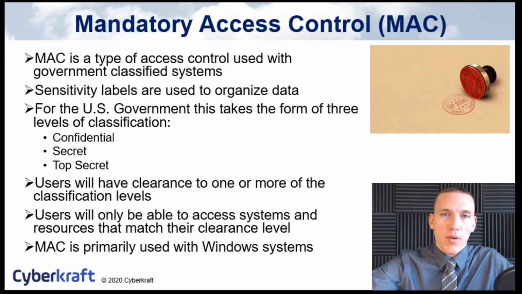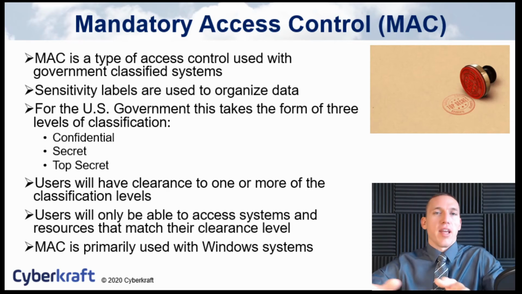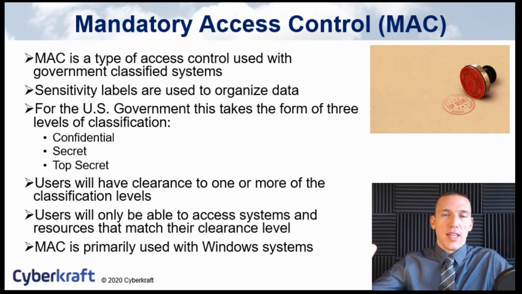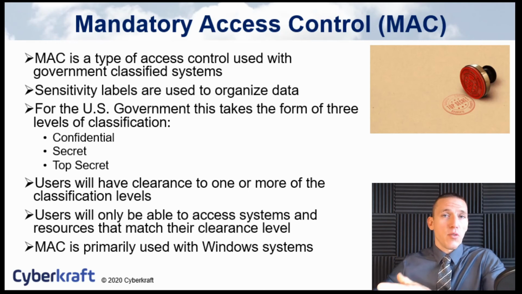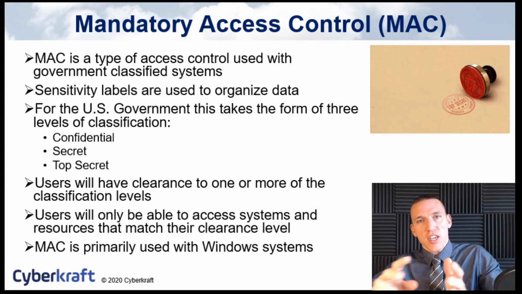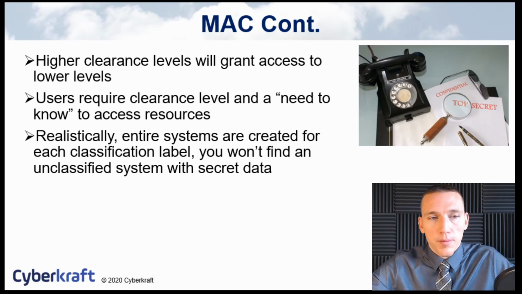You would have a system that would only process confidential information. Then you'd have a system that would process secret and confidential information. It's hierarchy based, confidential being the lowest level classification, top secret being the highest. Then you'd have a top secret system that could process top secret, secret, and confidential information. But in theory, it works very well.